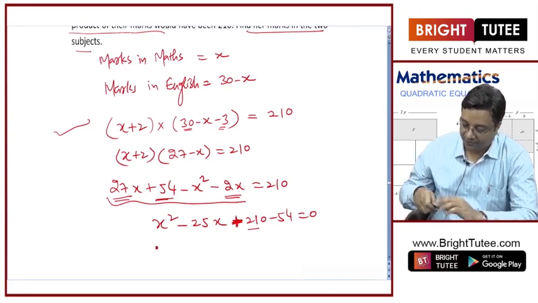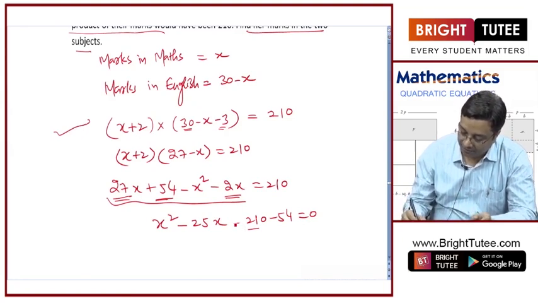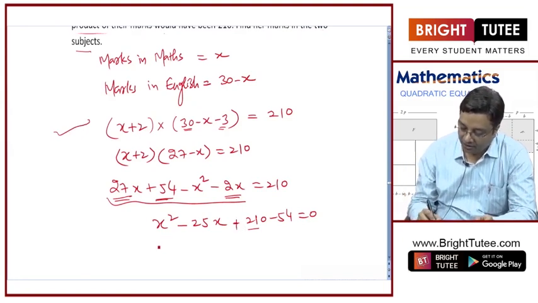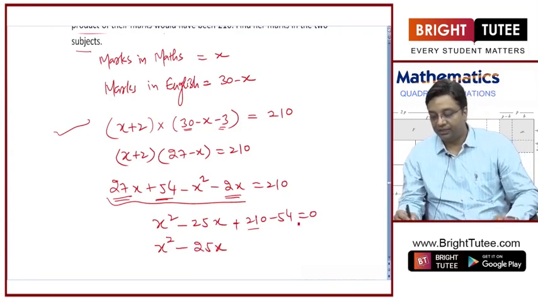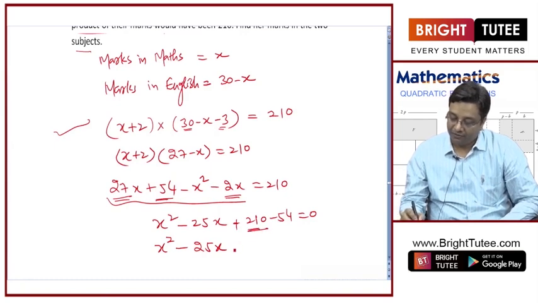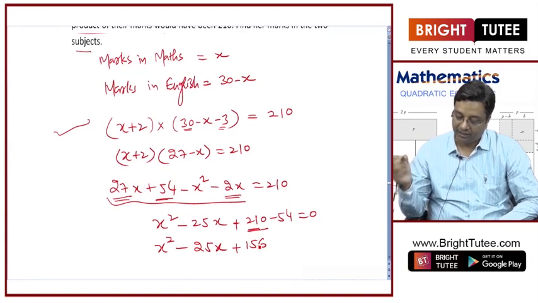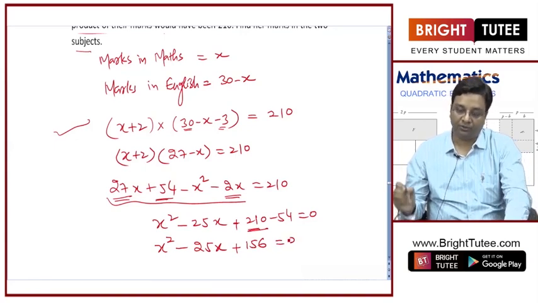Okay, let me write it again. So it will become x² − 25x, and 210 − 54 will become 156, right, equal to 0.